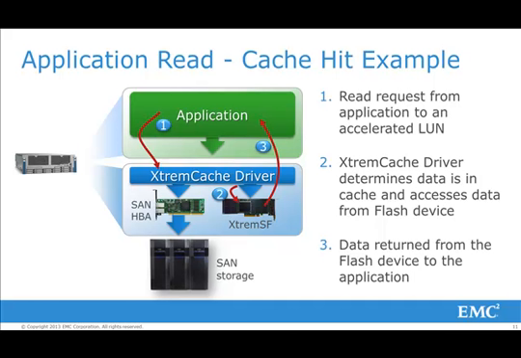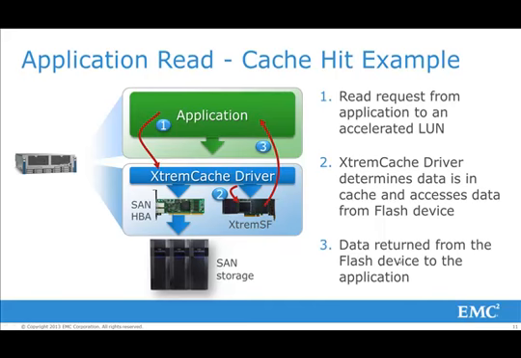Now, it's important to note at this stage that all of this processing occurred at the host. There has been no interaction with the downwind array. This is offloading of read activity, a physical read that was offloaded from the SAN back to the host, exactly where it should be done on modern servers. So that's a cache hit.